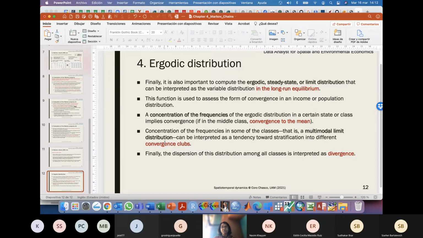Concentrations of the frequencies in some of the classes, a kind of multimodal limit distribution, could be interpreted as convergence clubs. So yes, they will converge, but to certain clubs of sizes.